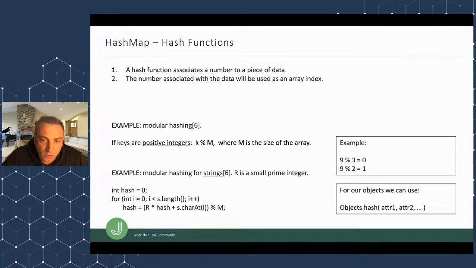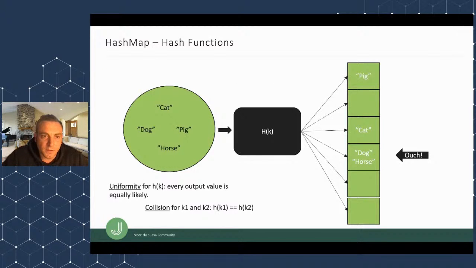Now that we know how to compute an index out of a piece of data, a string for example, let's see what happens. We can compute the index and insert into the array.